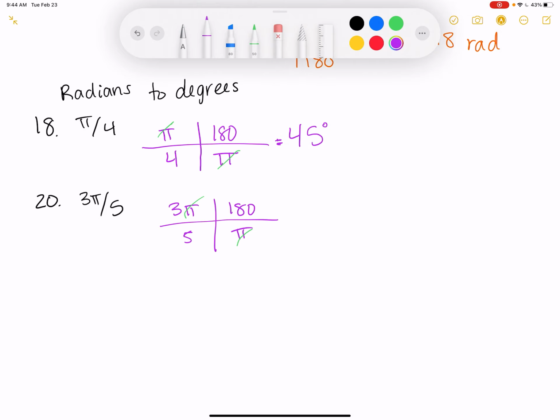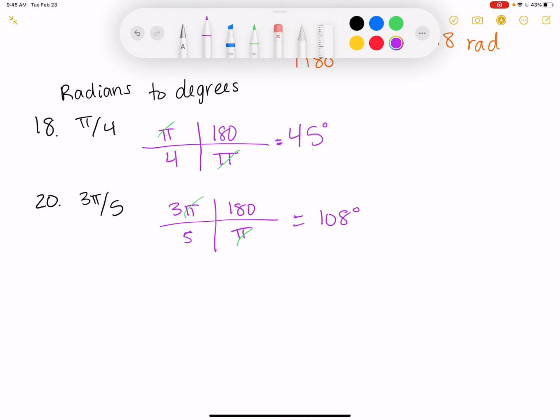Oh, I thought you said 180. No, I said 108. Does everybody agree that's what it is? I do, because you simplify 5 and 180, and it's 3 times 36, which is 108.